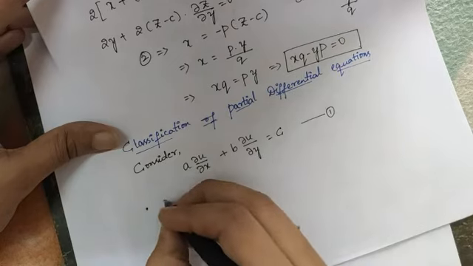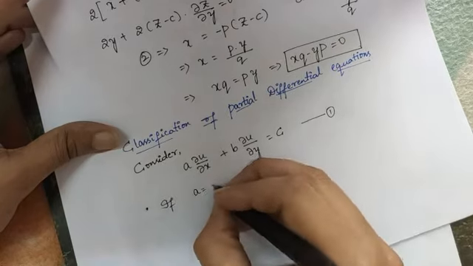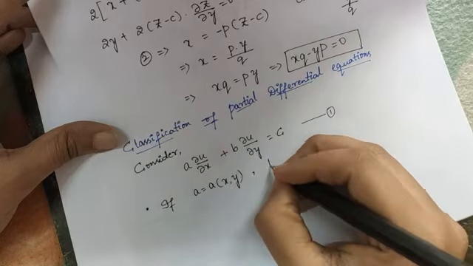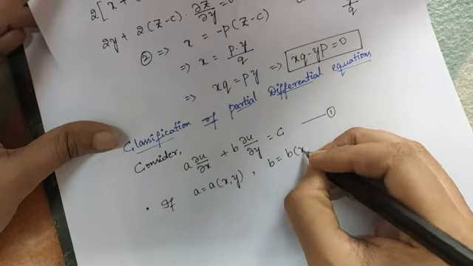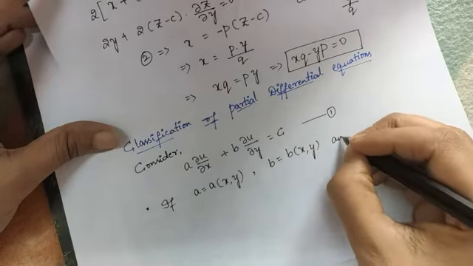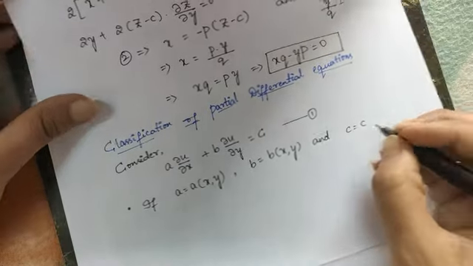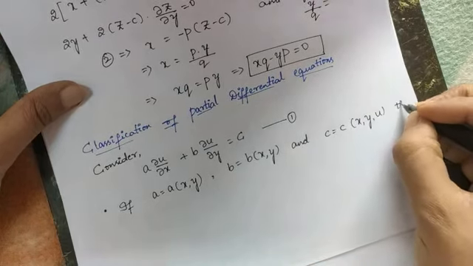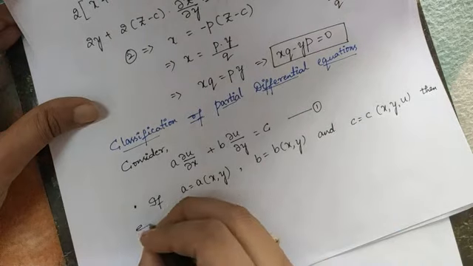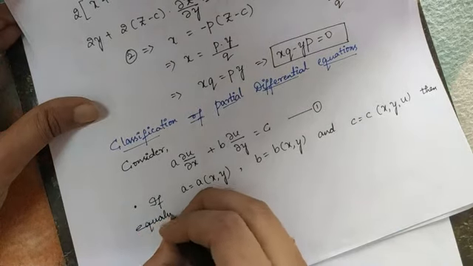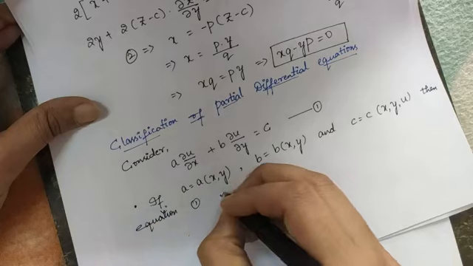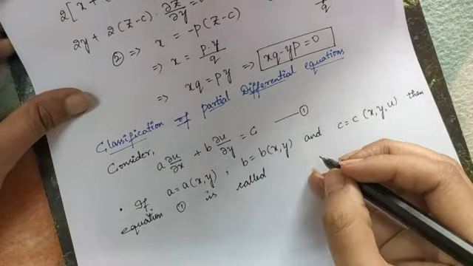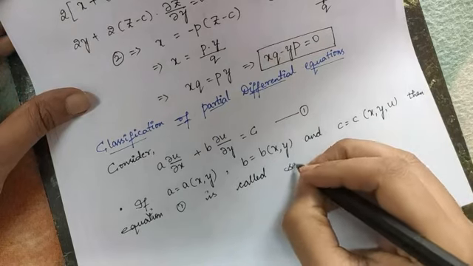In the first case, if A is a function of x and y, B is a function of x and y, and C is a function of x, y, u, then your equation 1 is called a semi-linear partial differential equation.